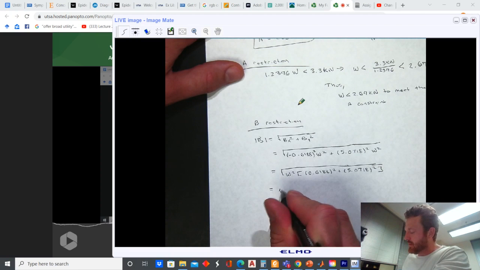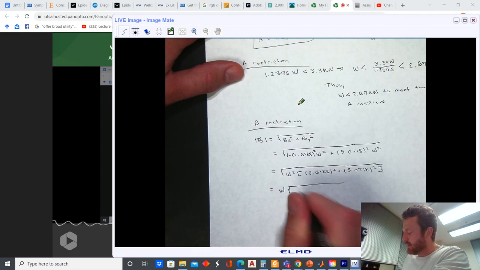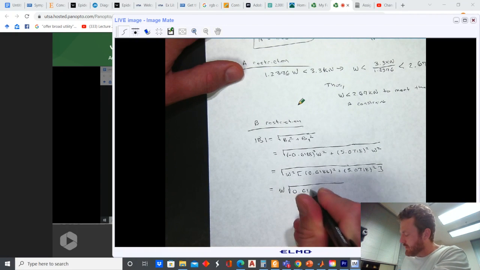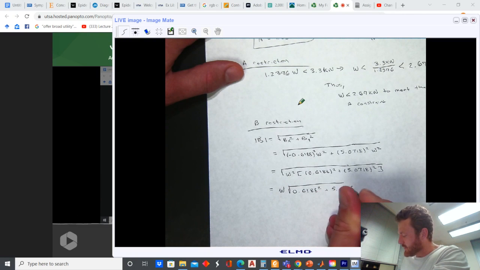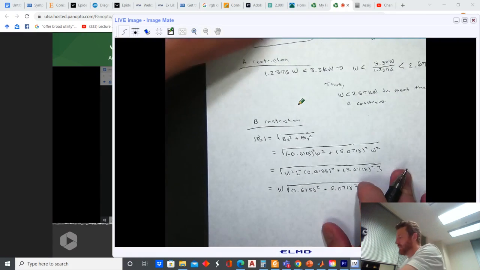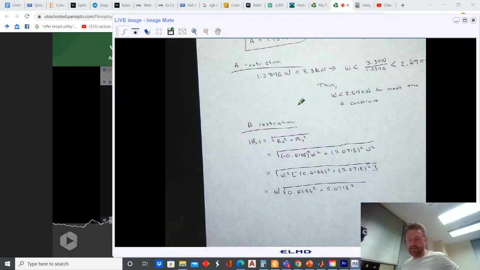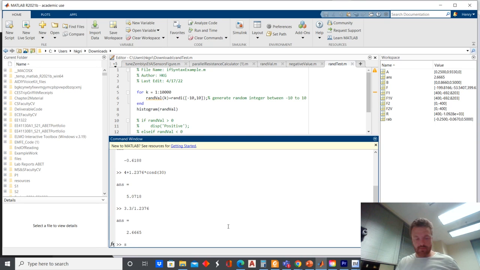So you can say it's equal to W times square root of 0.6188 squared plus 5.0718 squared. So let's actually put that in the calculator just to make it a little bit simpler here. So square root of 0.6188 squared plus 5.0718 squared, and that is going to be 5.1094.